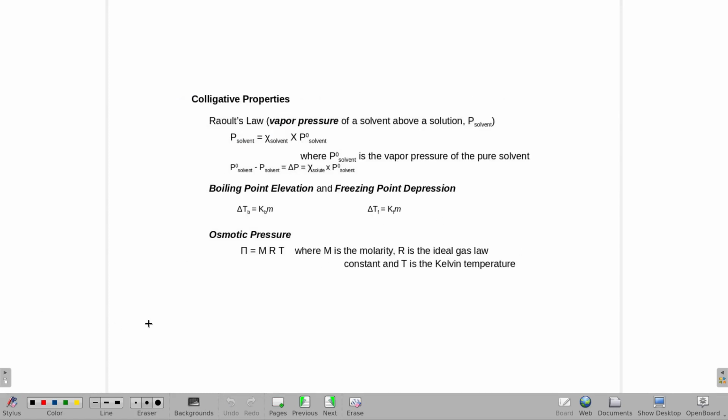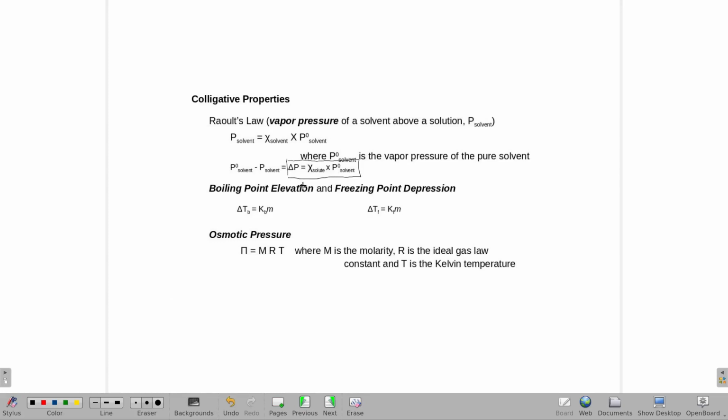All right, now on to our colligative properties. Now the 4 main colligative properties are right here. We have the first one, and actually how this slide is, I'd like to have that highlighted, because that's the actual equation we care about.